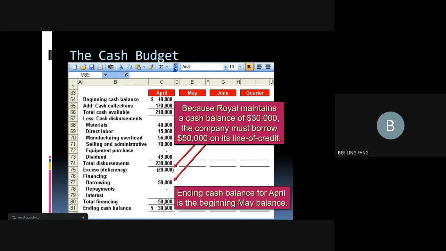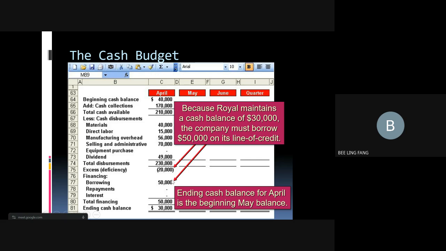Okay, so for this case, they borrow 50,000, because it depends on the company. If they request that the end of the month must have a certain balance, right? So they will suggest how much you need to borrow so that your balance is 30,000.